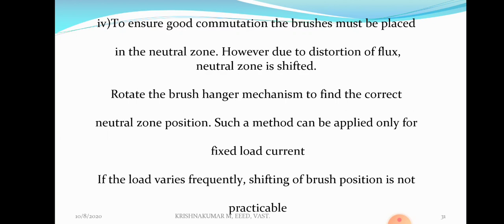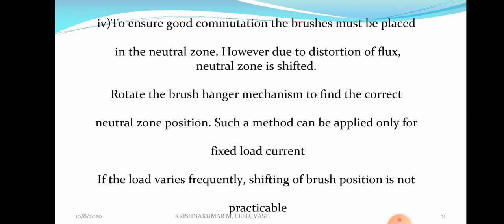Therefore, positioning of magnetic neutral zone is not easy with the help of brush rocker or brush hanger mechanism, which is fixed on the end cover of the machine. By using that mechanism, we can fix the brush position in neutral zone. That neutral zone depends on load variation. If load is fixed, that zone is fixed. If load is not fixed, that zone is not fixed. So it is applicable only for fixed load machines.